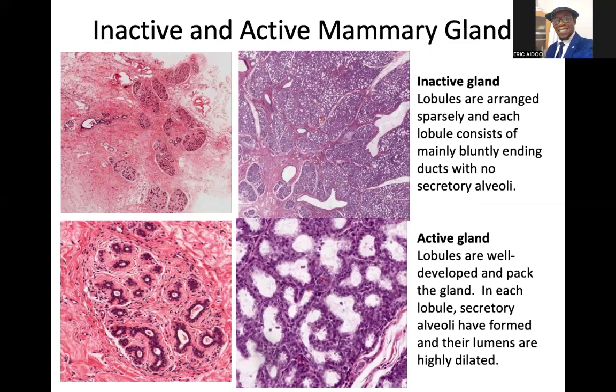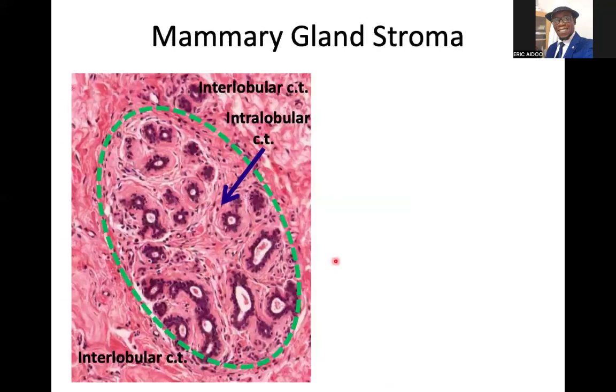So in an active mammary gland, this is what you see. Lobules are well developed and pack the gland. In each lobule, secretory alveoli have formed, and their lumen are highly dilated, as you can see, very, very dilated. Right, so you have the interlobular connective tissue, which will contain interlobular duct, and then you have the intralobular connective tissue, which will contain intralobular duct.